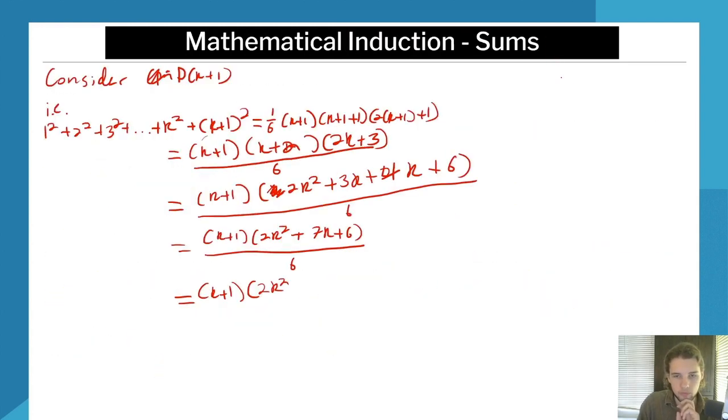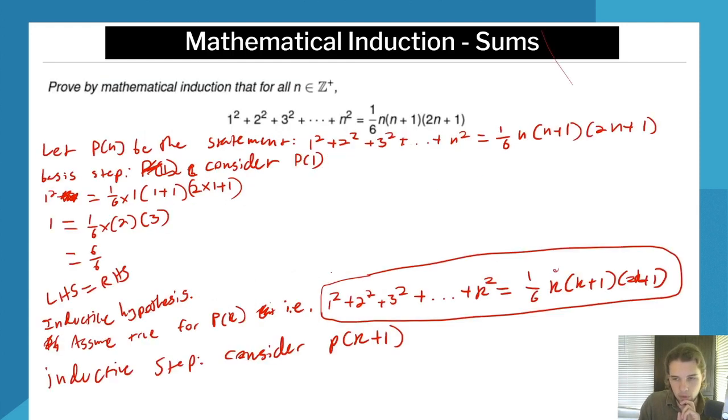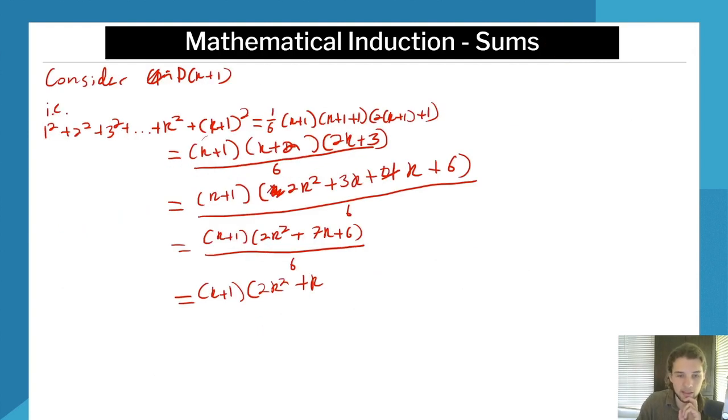So I'm going to play around with things a little bit. I'm going to say plus k, because over here we do have that plus 1, and remember I want to take this k out of this set of brackets, so everything's going to be divided by k. And then we have plus 6k plus 6 all over 6.